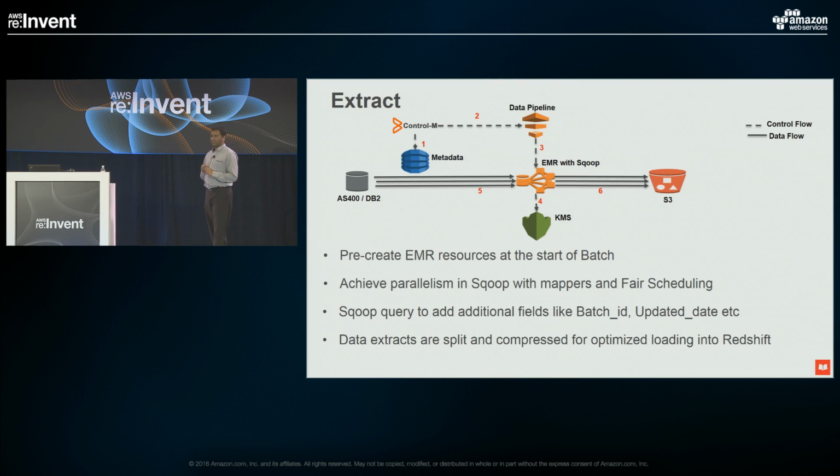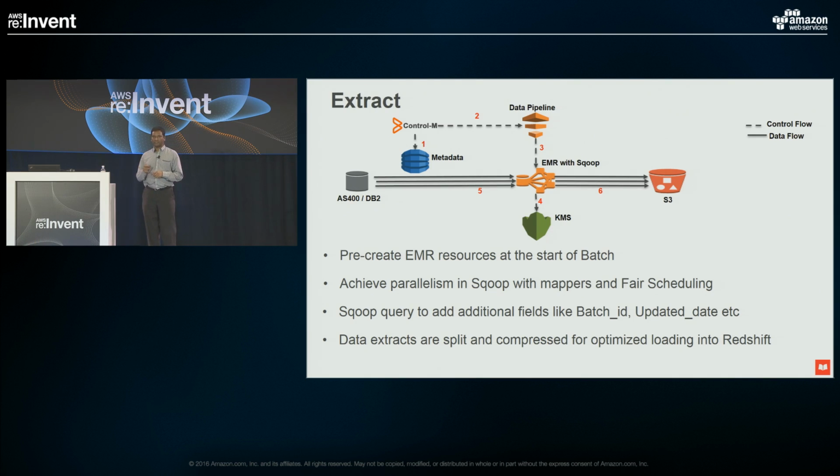Redshift is very efficient at loading data from S3, but it's not efficient to load directly from AS400 to Redshift. So S3 is the staging area where you extract and put the data. There are best practices around how you stage the data in S3: it has to be split, compressed, and so on, so that you can load the data efficiently and faster.